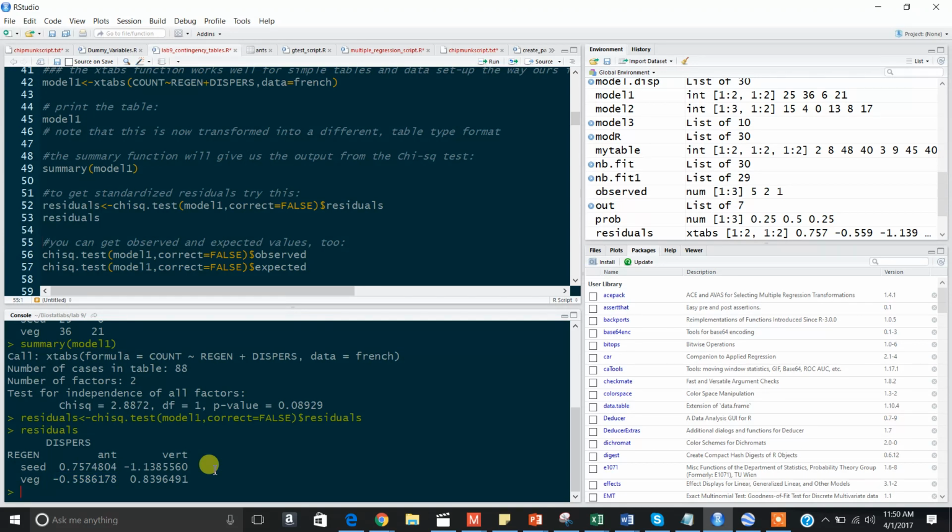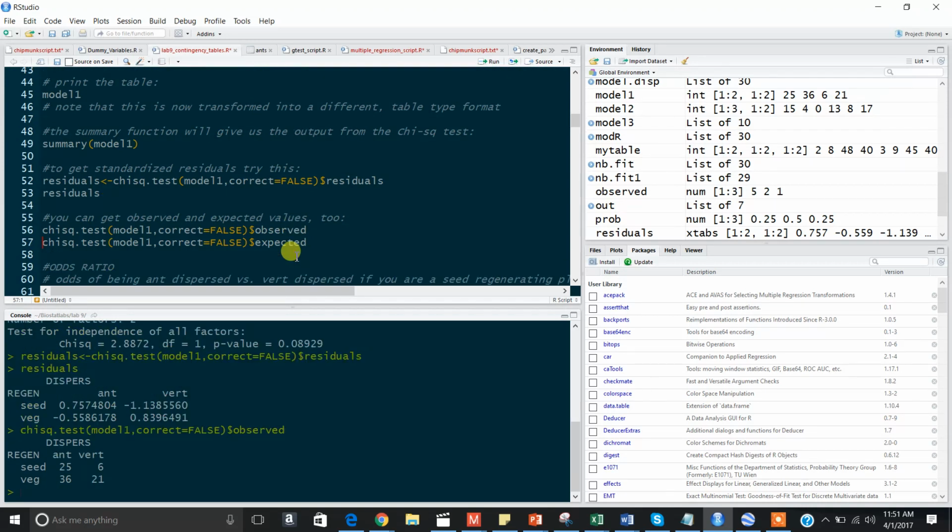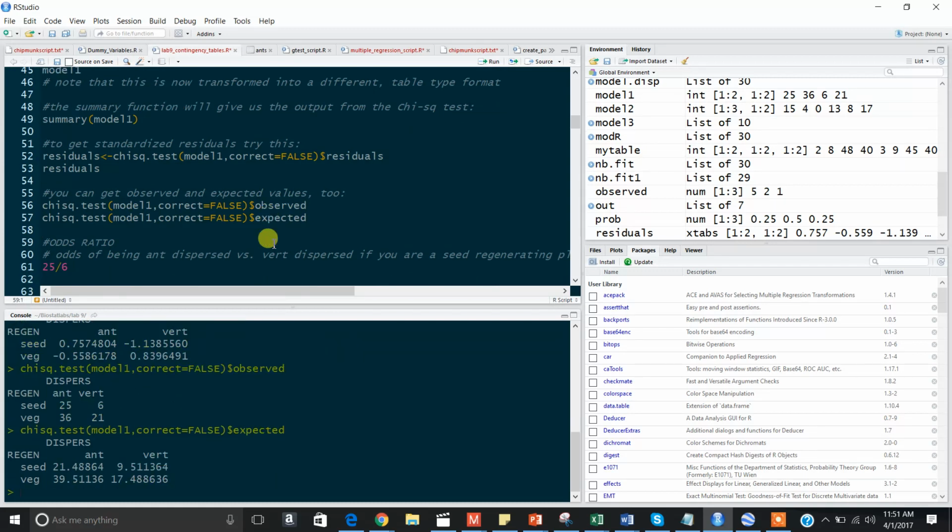So you can also look at the observed and expected. And again, when you produce these tables, you're going to use the chi-square test. So to look at the observed values, you're going to run this model here so you can see the actual observed values, which are the ones that were actually obtained, and compare those to the expected values, which are those that are expected to occur in nature.